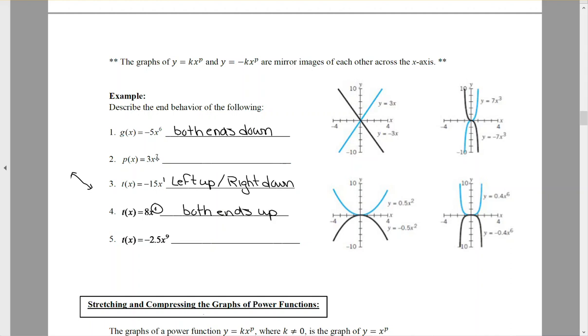Now, even though this isn't a line, we can still think of it that way for how my ends are going to behave. If it's an odd power, the ends are going to be split. I have to figure out, is it going downhill or is it going uphill? If the number's positive in front, the line's going uphill, so the left side is down and the right side is up.